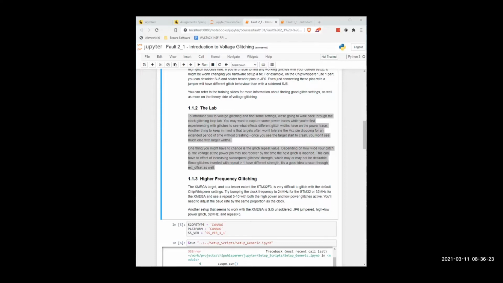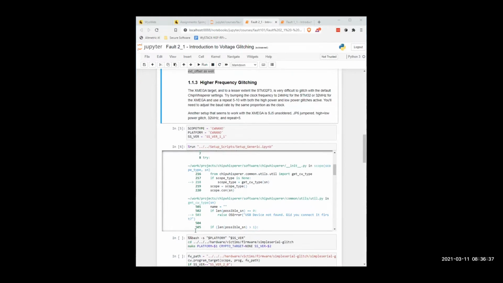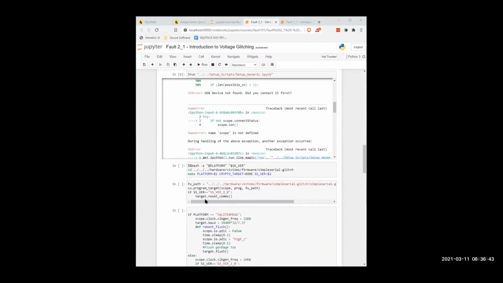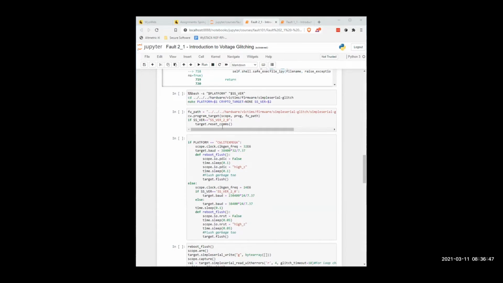Yeah. So Connor, which one are you in right now? So I'm in fault 2.1, under 1.1.3, and it's the 5th cell. If platform is equal to CW light X mega, that one.